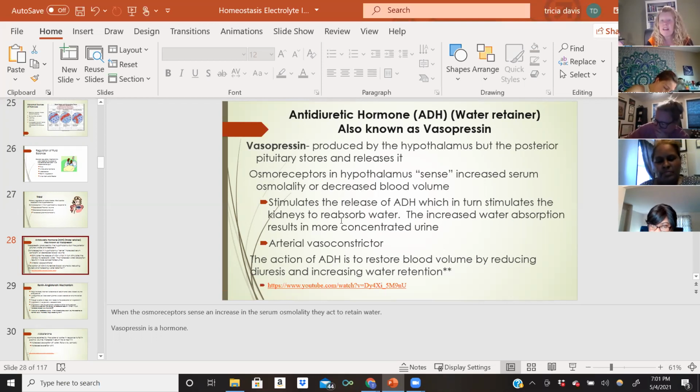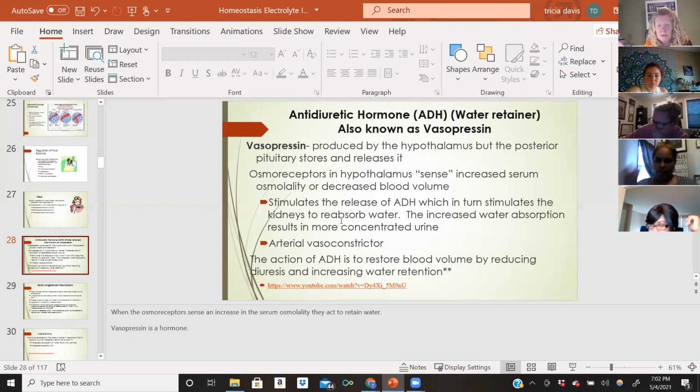Well, when we don't have enough circulating volume, or when we're dehydrated and our blood pressure is low, this stimulates the ADH to tell our kidneys, hey, we don't have enough fluid. We need to reabsorb that water back into our bloodstream, into our circulating volume to help build those levels up, okay? So the ADH stimulates the kidneys to resorb the water.